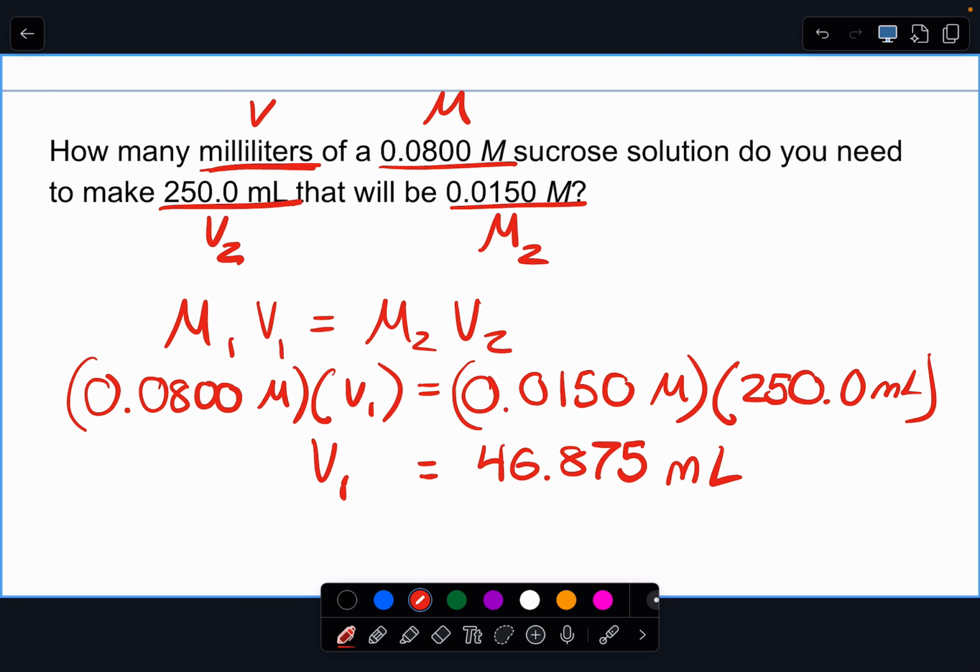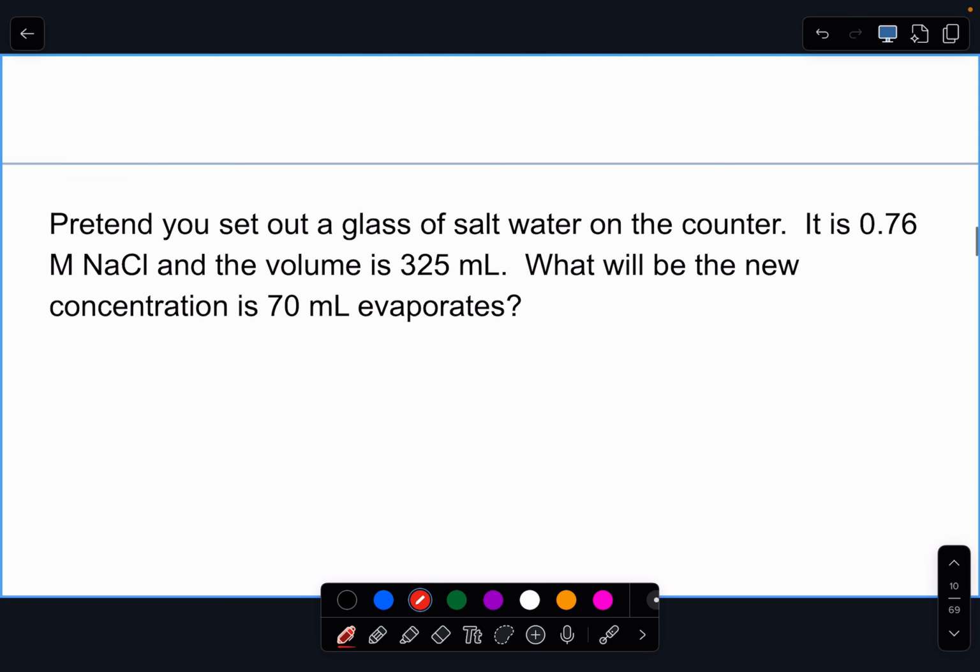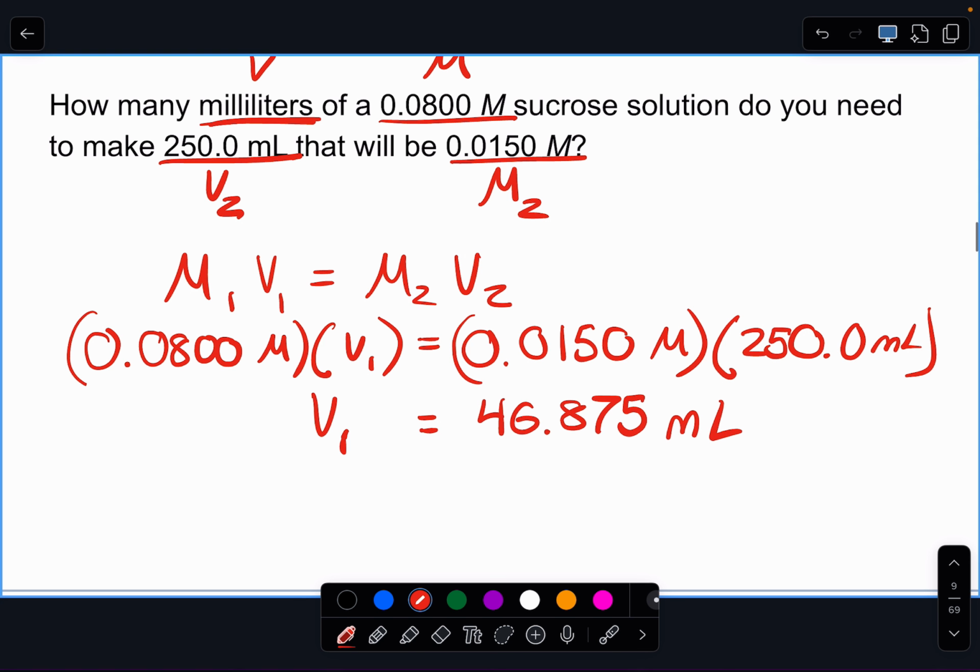Okay, that's how much of the original solution, the 0.08, you're going to use. And then you're going to dilute it to a total volume of 250. That'll give you this 0.015 molar. Okay, we'll start here and do this next one as a warm-up on Wednesday.